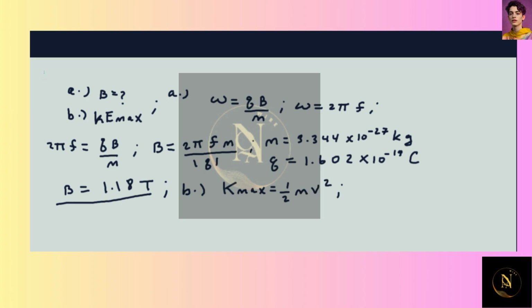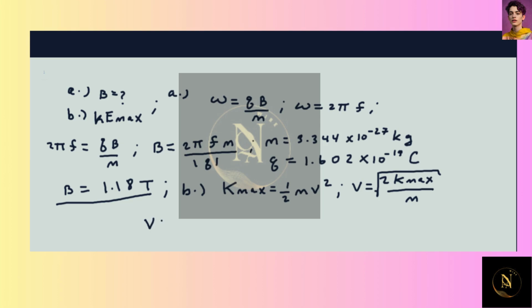If I rearrange this, I get that v is equal to the square root of 2 times K max divided by m. Now we knew that our K max was equal to 5.471 times 10 to the minus 13 joules. So we're going to work in joules and kilograms, and that will give us a value in meters per second.